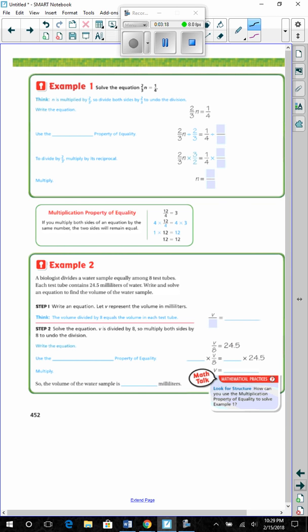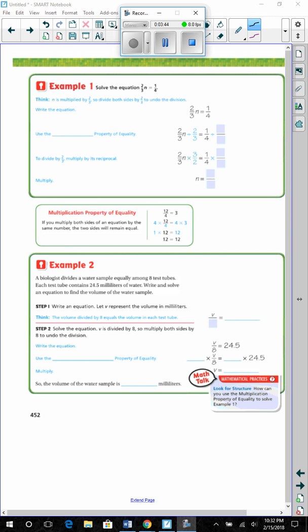Example 1. Solve the equation 2/3 n equals 1/4. Think. n is multiplied by 2/3, so divide both sides by 2/3 to undo the multiplication. Write the equation. 2/3 n equals 1/4.